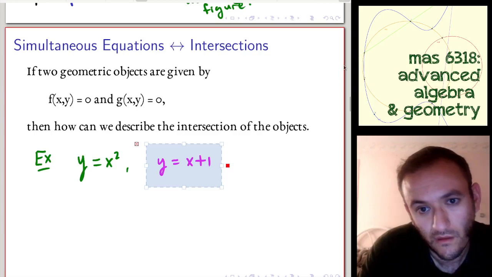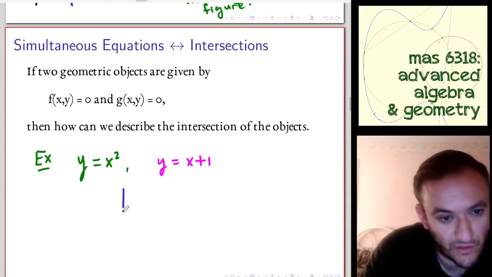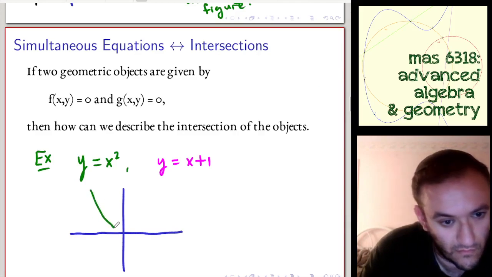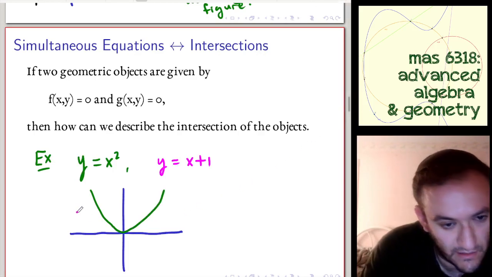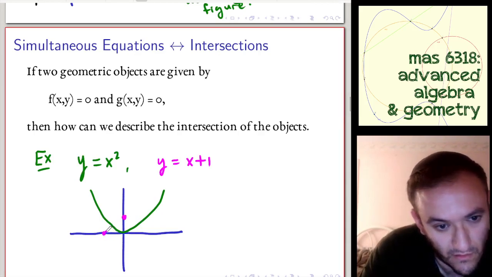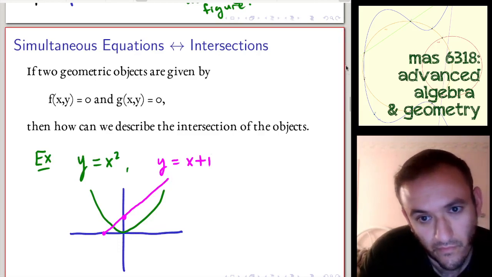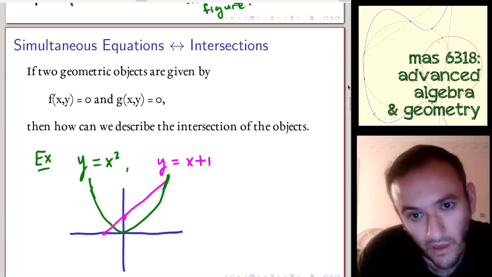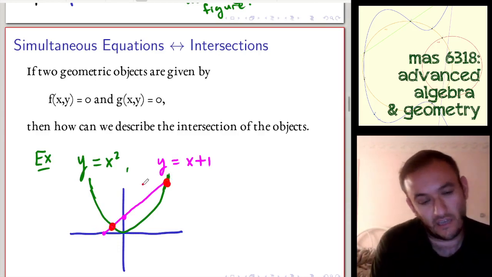Then when we graph these two functions, they do intersect. So this lives over here, something like this. So our intersection points are here and here.